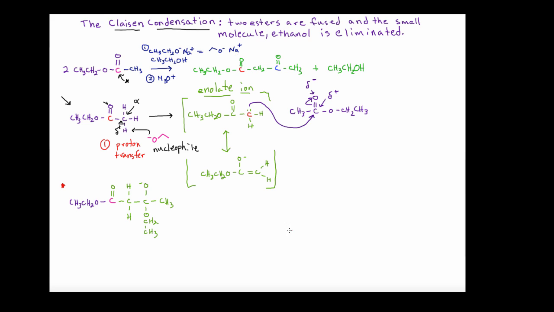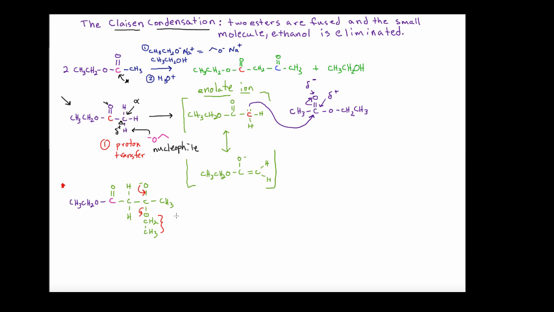So now what's going to happen is we're going to have what's called our nucleophilic elimination. This starts with this set of electrons coming back in to form the carbonyl double bond, and this moiety right here, or functional group, is eliminated like this.